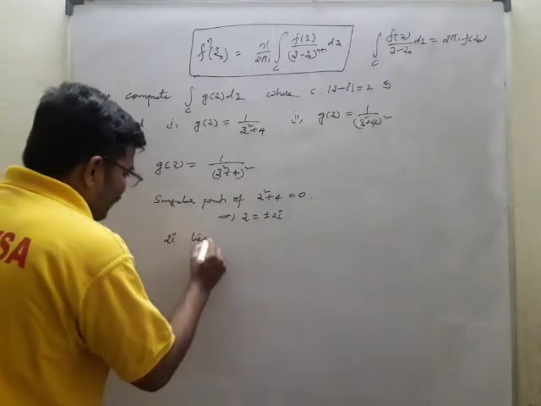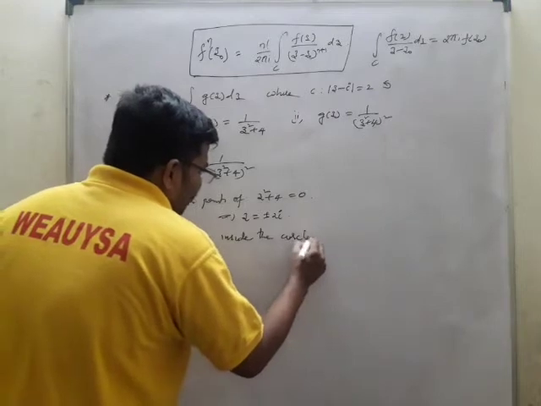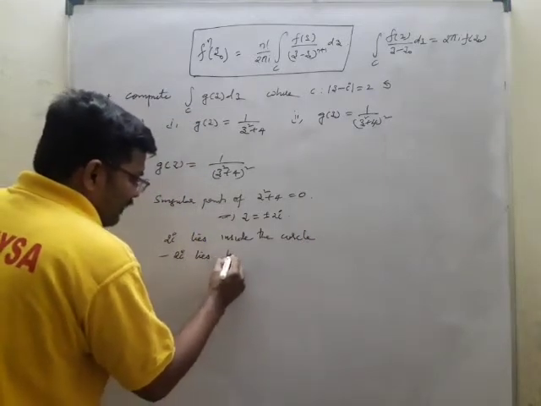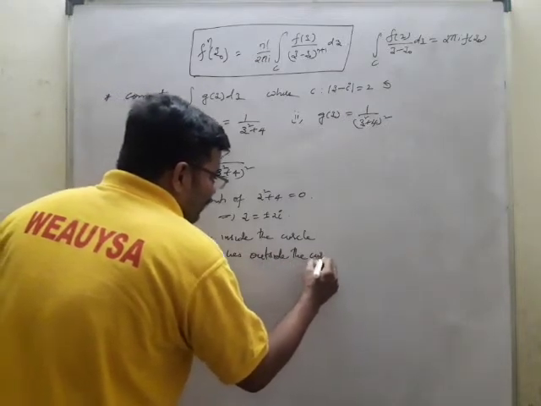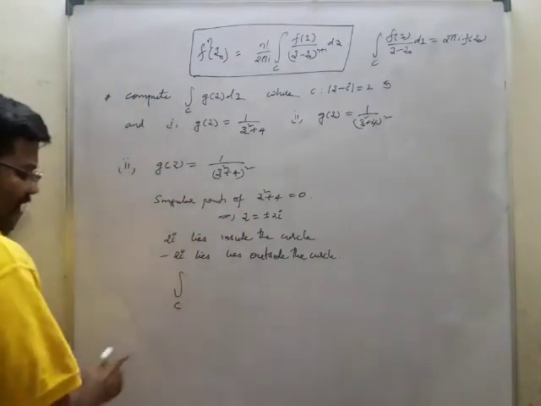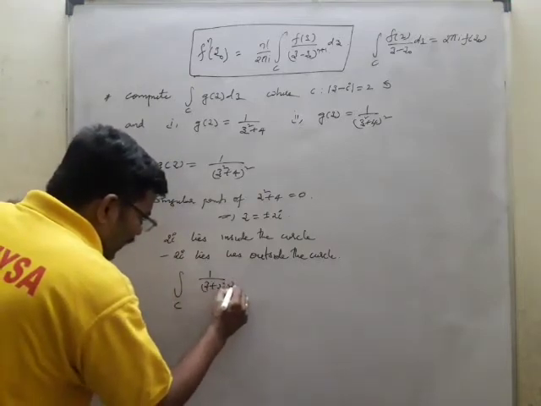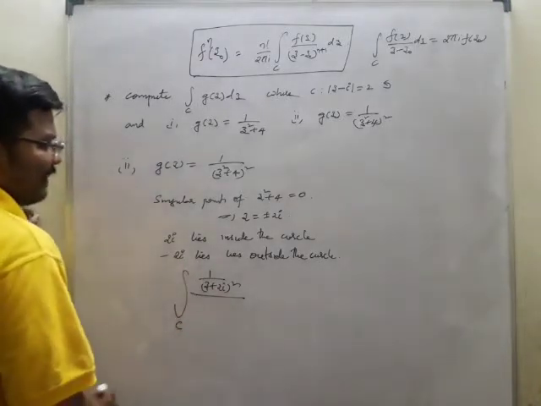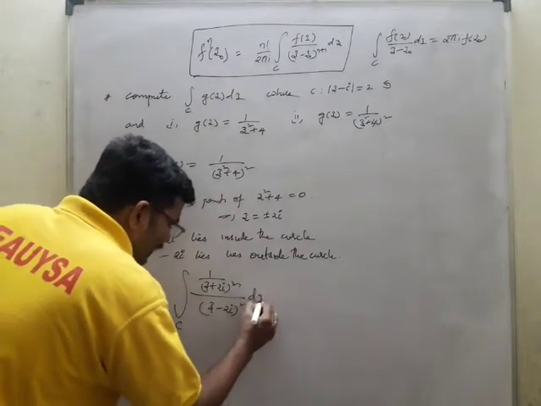2i lies inside the circle, and minus 2i lies outside the circle. So what we'll do is take it in this form, integral C. I may write this as z plus 2i whole square in the numerator, and the denominator as z minus 2i whole square dz.